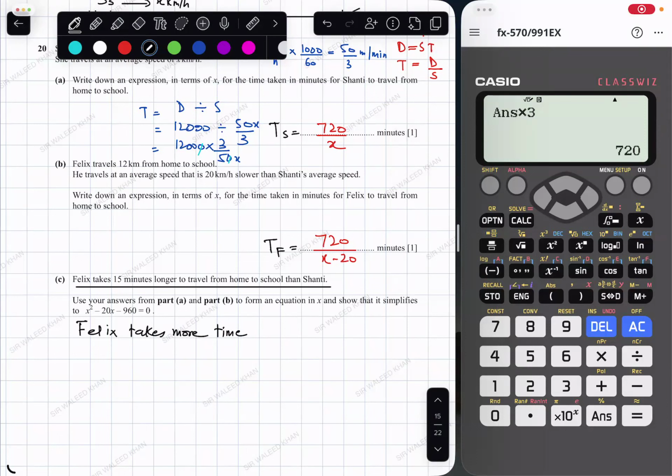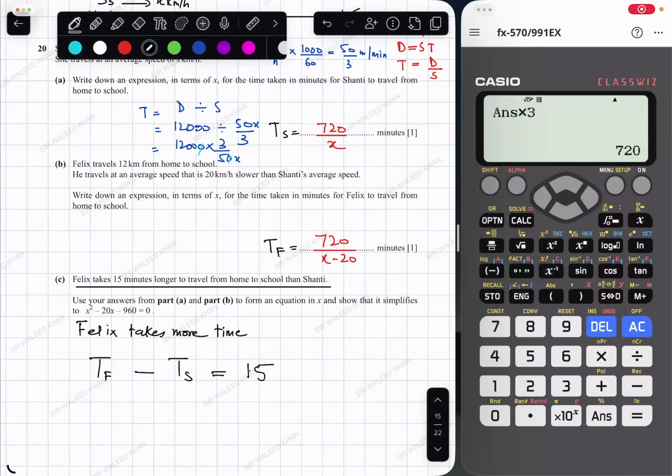If Felix is slower, that means the time he's taking to reach there is a bigger value, yes or no? Yes. So I will do the time taken by Felix minus the time taken by Shanti, and the difference between them is 15 minutes.